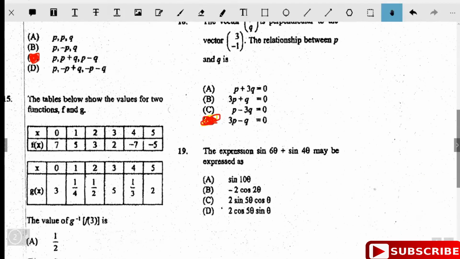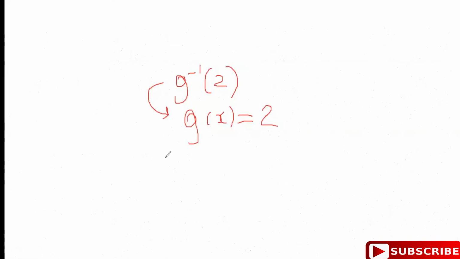That's delta. Question 19. This is also a repeat. It's the sum of two sines, which is Kramer. To refresh our memory, sine A plus sine B is 2 sine of (A plus B) over 2 times cosine of (A minus B) over 2.